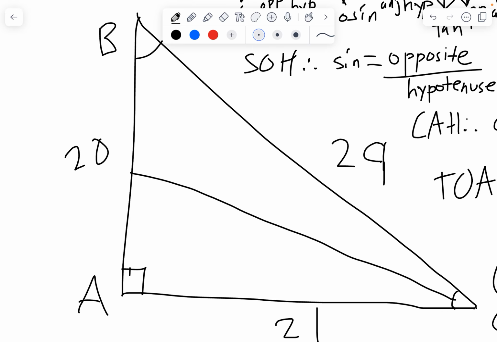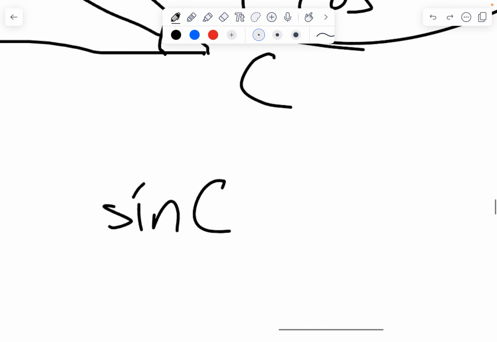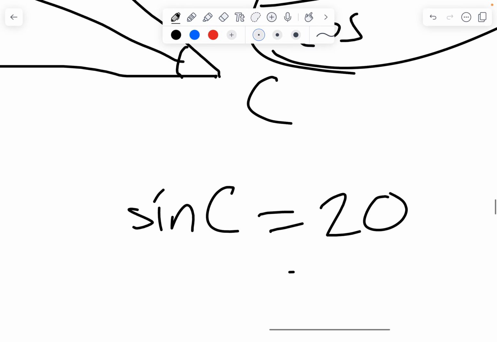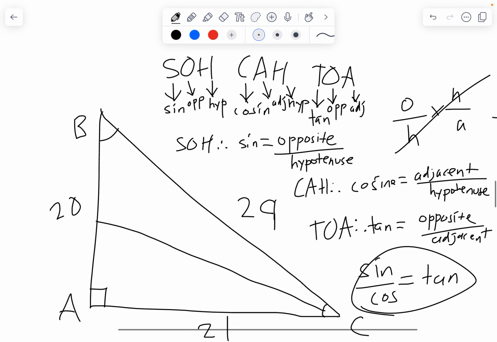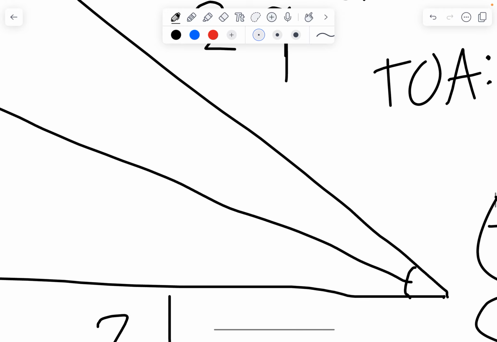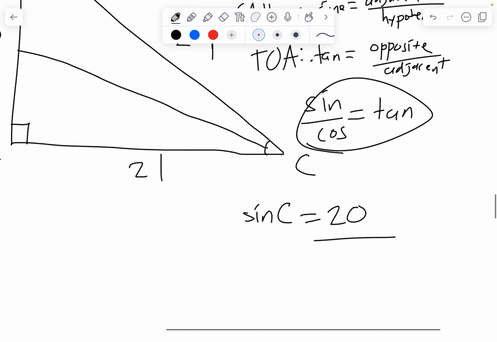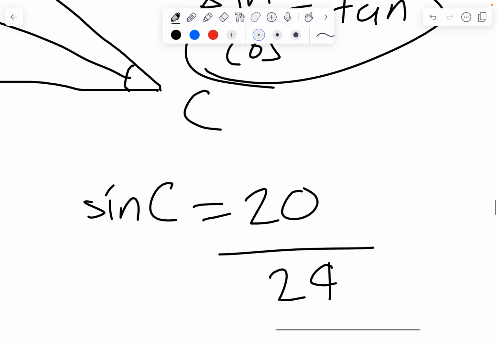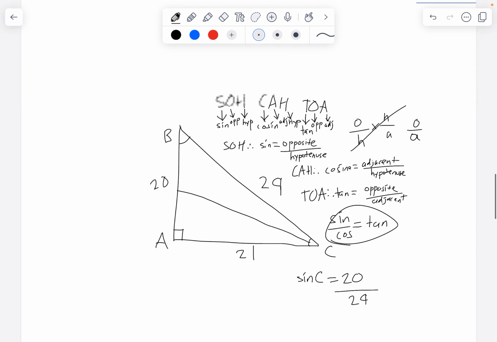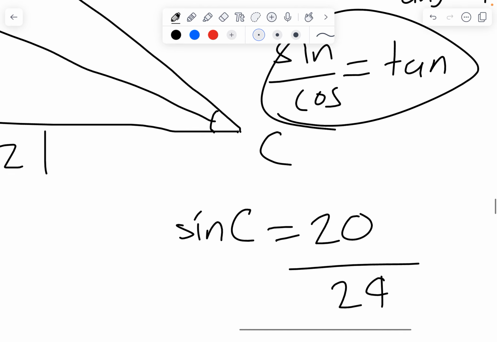It's AB, which in this case is 20. So we have 20 over, we're looking for the hypotenuse. And it doesn't matter what angle you're looking for, the hypotenuse is always the hypotenuse, 29, always the longest side. So we know that sine C equals 20 over 29.